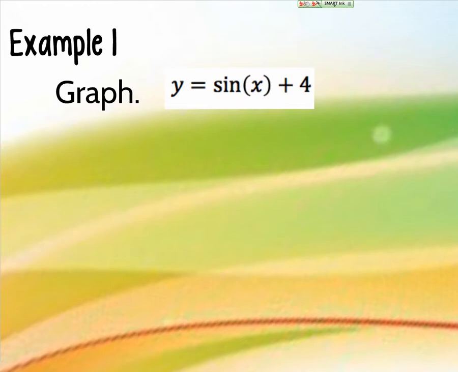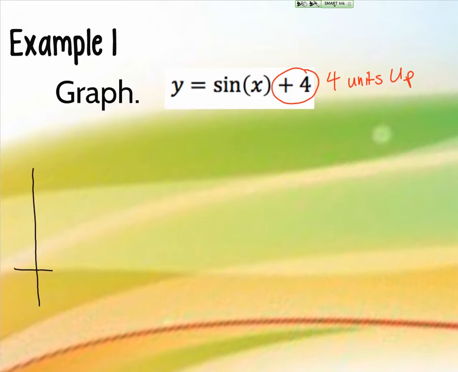So what's going to happen then is it's going to shift 4 units up. So it's no longer going to be at 0, it's actually going to be at 4. So, normally I draw that in at 0, but we're not going to be at 0, we're going to be up at 4.